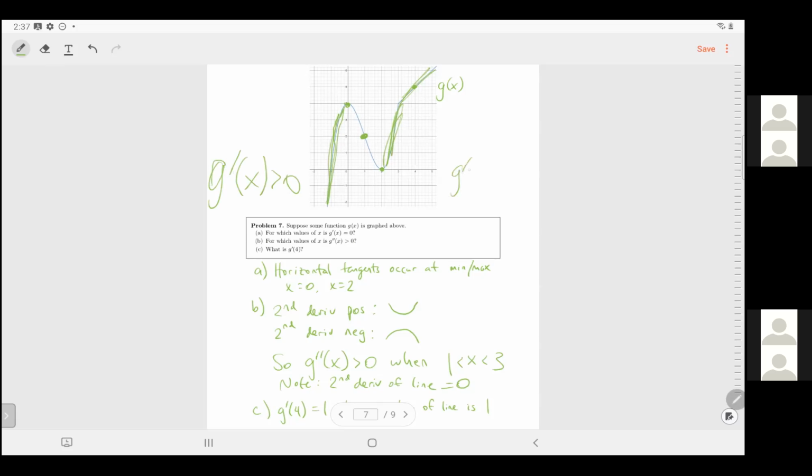And if he asks you where the derivative is negative, it's where the function's decreasing, on that middle portion. So maybe review a couple of those if you're rusty at your derivative interpretations, but hopefully that's okay. All right, let's go on to problem 8.